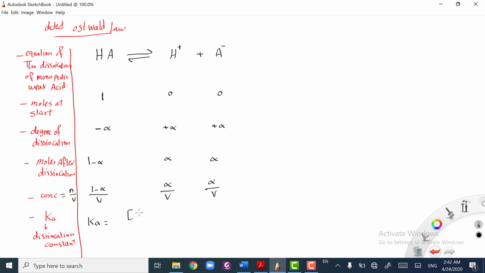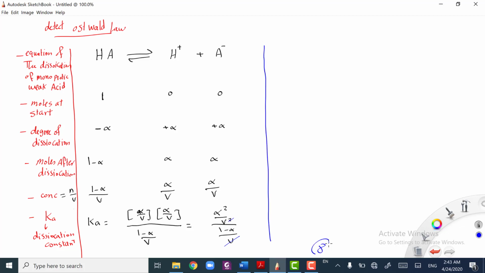Ka equals alpha over V multiplied by alpha over V, divided by (1 minus alpha) over V. So it will be alpha squared over V squared, divided by (1 minus alpha) over V. The V is neglected with the square, so Ka equals alpha squared over V divided by (1 minus alpha), equals alpha squared multiplied by 1 over V, over (1 minus alpha).